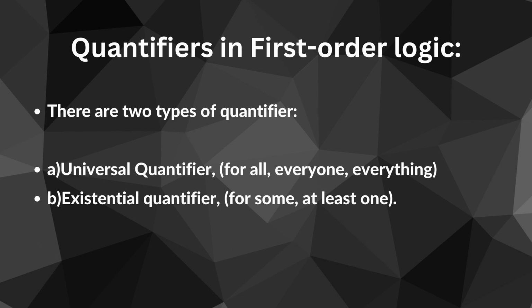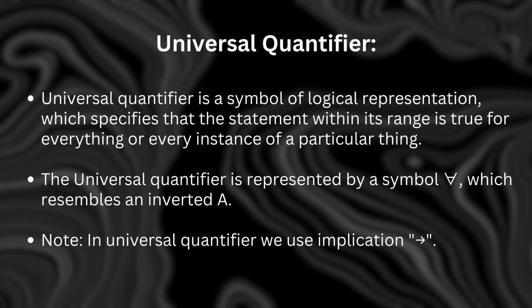The universal quantifier is a fundamental concept in first order logic. It is a symbol used for logical representation to express that a given statement is true for every instance or object within a specific domain or universe of discourse.